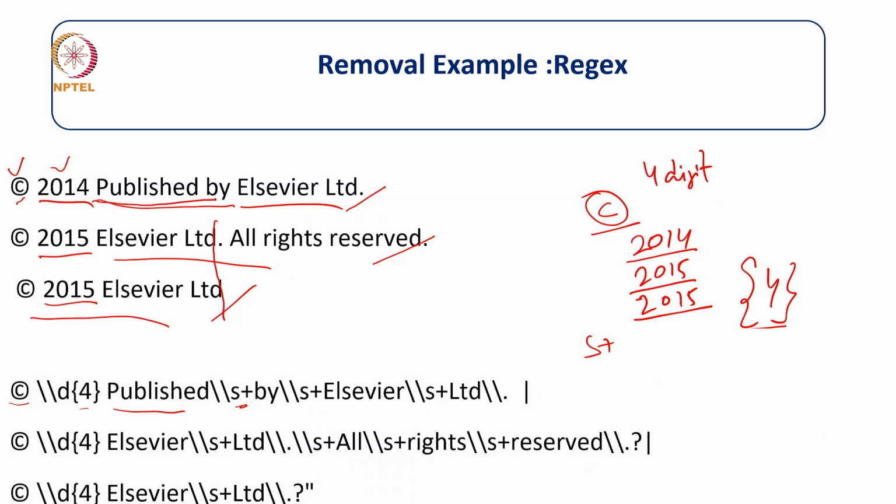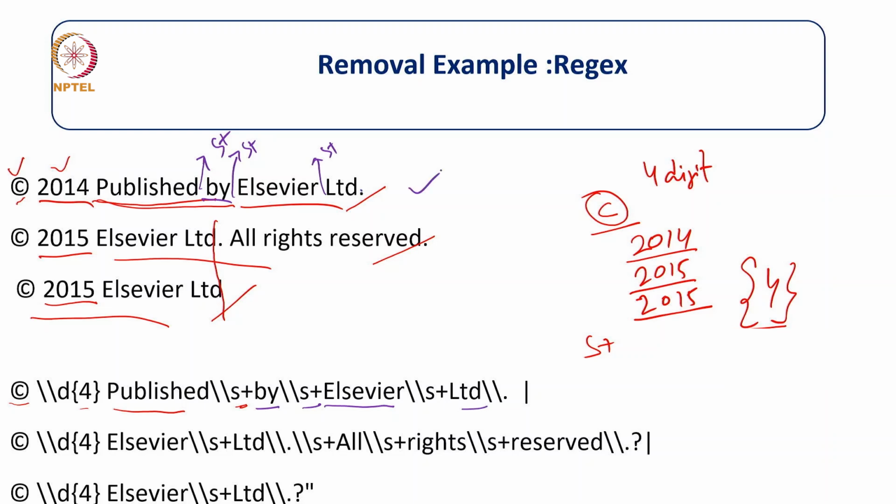It is saying one or more white spaces. So this white space is matched by this small \s+. Then I am saying "by", so it matched to "by". Then again I am using one or more white spaces. So this is the white space. Then "Elsevier" is there, Elsevier matched, and then one or more white spaces, and then "Ltd".